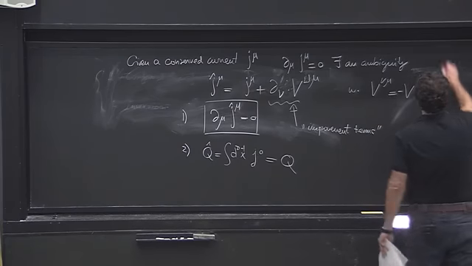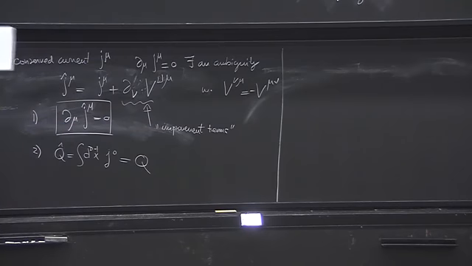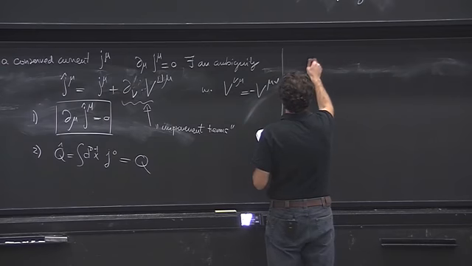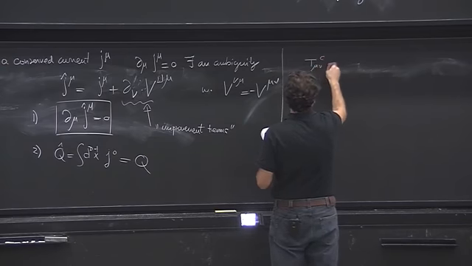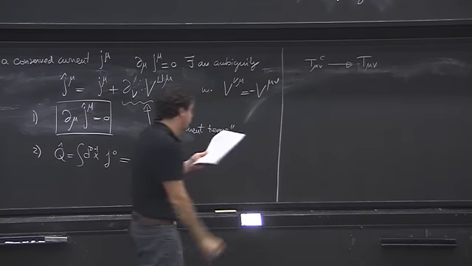Very good. So now you should be able to tell me what the resolution of this puzzle was. We had two different looking stress tensors. One was pretty crappy, the other one is wonderful. But the point of the matter is that the two are related by improvement terms. So you can write down the canonical stress tensor, and you can improve it to obtain the gravitational stress tensor.